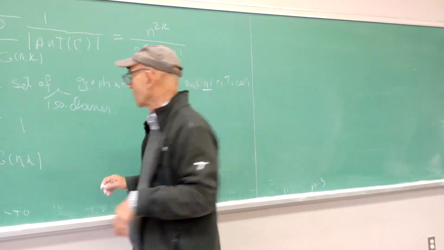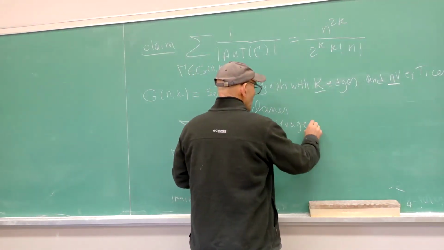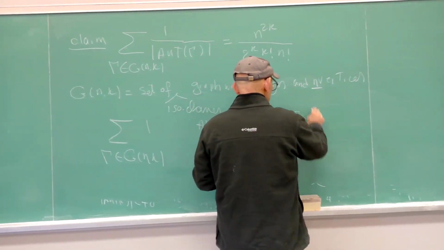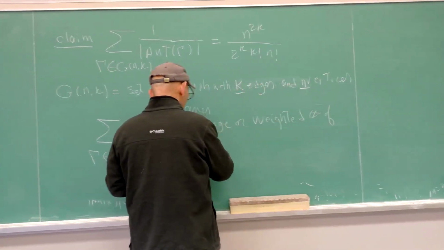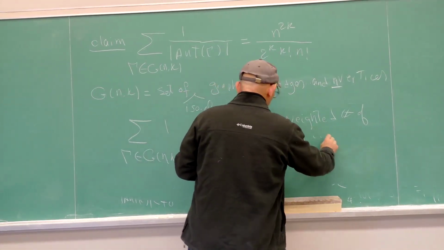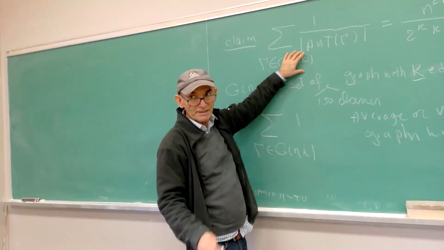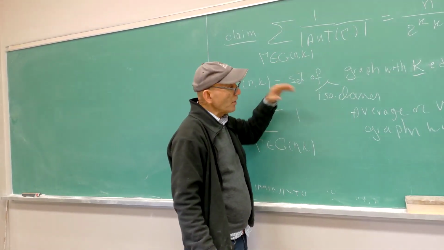So this is a weighted number of graphs. This is not the number itself, but it's kind of weighted or average in some sense.